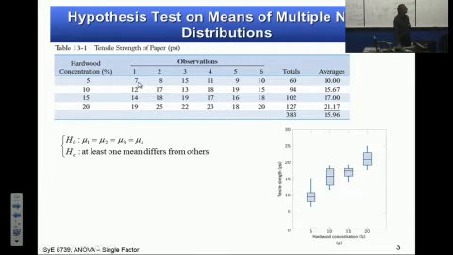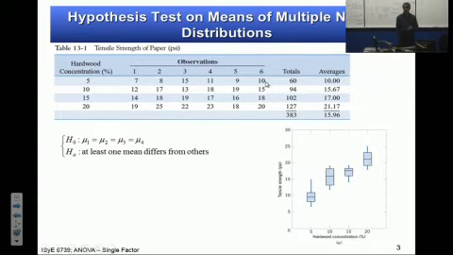So these numbers inside the table are the tensile strength when the paper is produced by 5%. This is another paper bag, so the tensile strength of another paper bag when produced by 5%. Does it make sense? So how many paper bags am I producing? 6 for each concentration. Okay? Any questions so far?